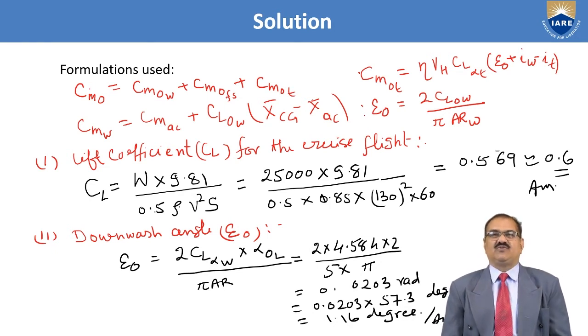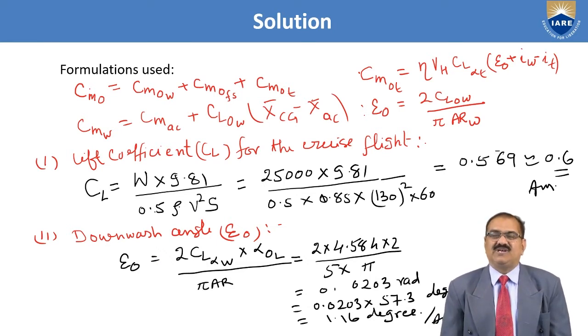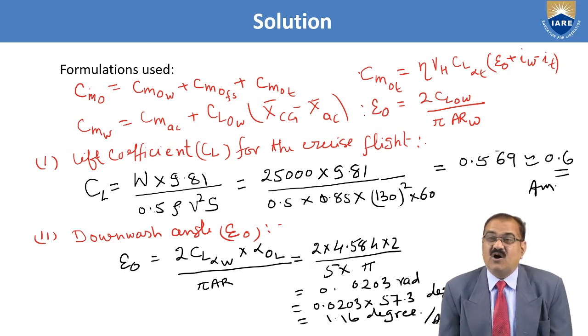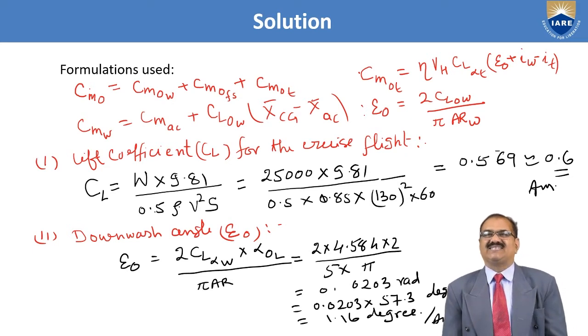Cm naught is equal to Cm naught W, where W stands for wing, plus Cm naught Fs, fuselage, plus Cm naught T. Here we will not be considering the fuselage. We will be only considering wing and tail. Now Cm naught tail is equal to eta VH CL alpha T times epsilon naught plus IW minus IT.